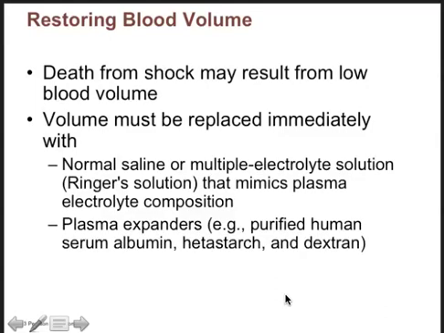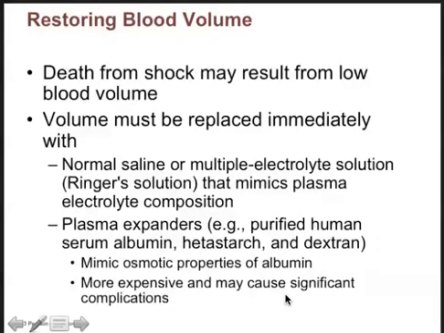Plasma expanders such as purified human serum albumin, hetastarch, and dextran can also be used. These mimic the osmotic properties of blood serum albumin, which is a major product of the liver. This is what gives blood a lot of its water-holding properties. This is more expensive and can cause significant complications, however.